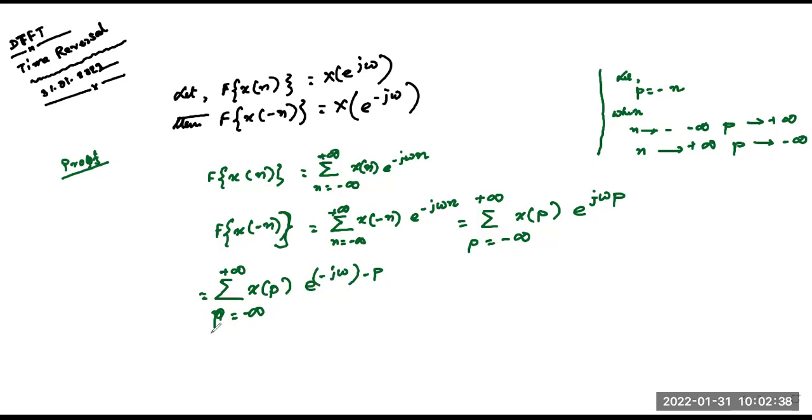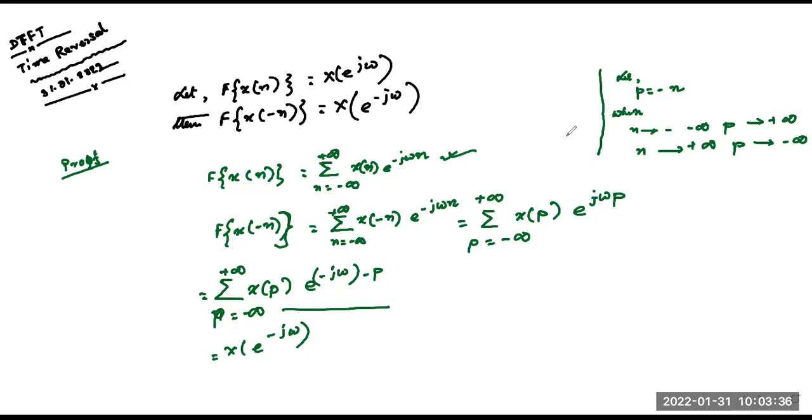Now that can also be written as X(e^{-jω}), because this equation is similar to the original equation.